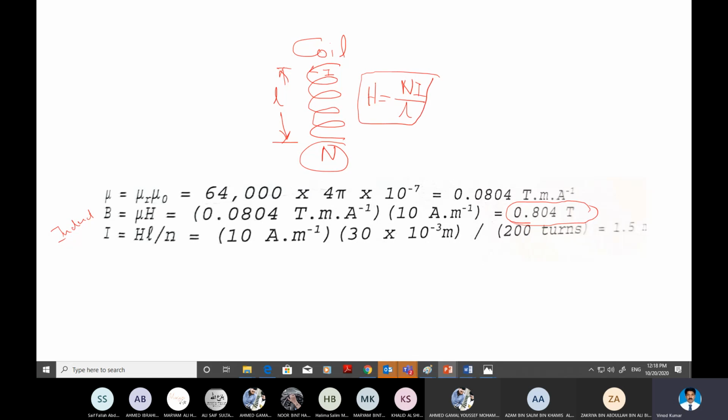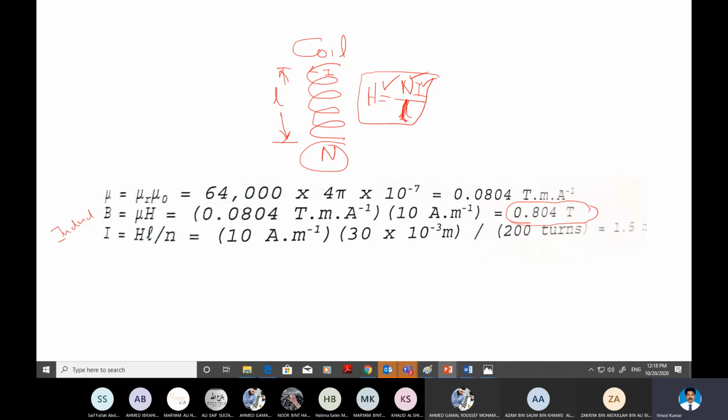This equation is the general equation for finding magnetic field strength. If the number of turns is N, I is the amount of current, and L is the length of the coil.